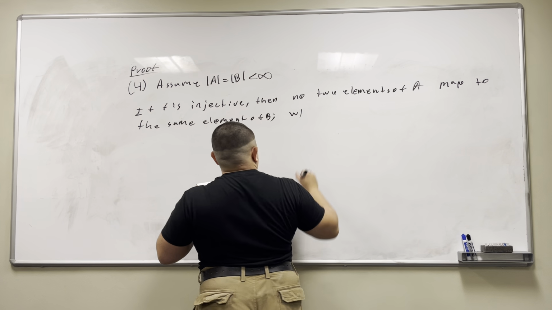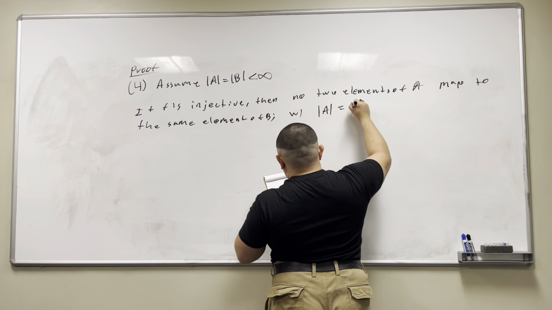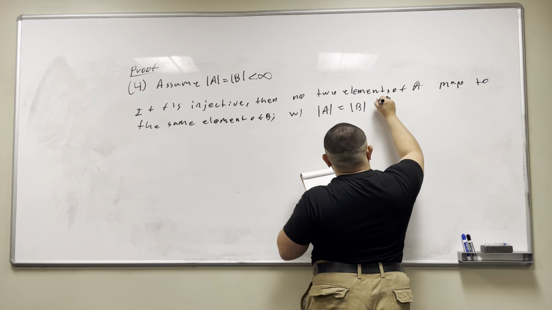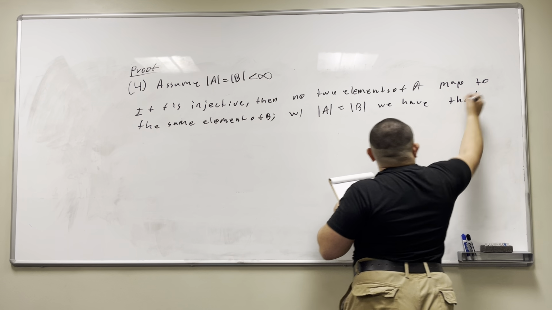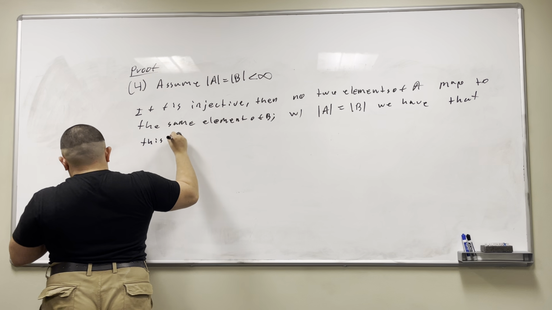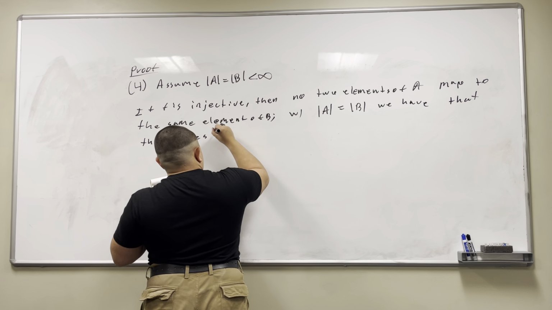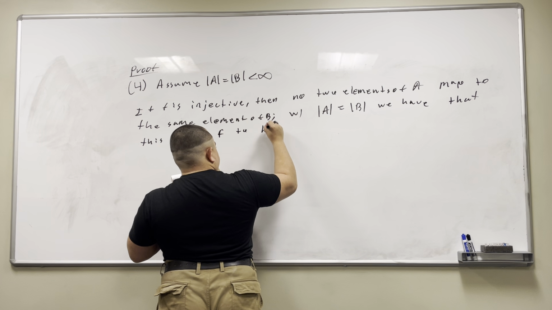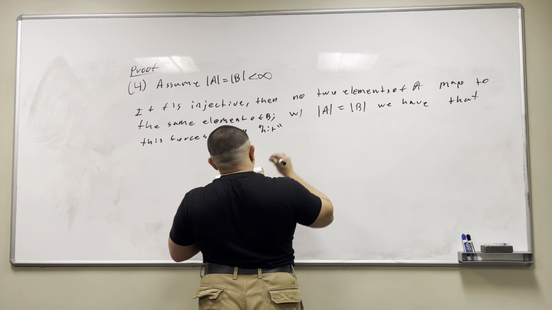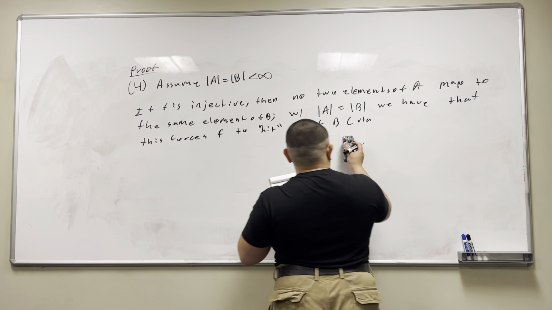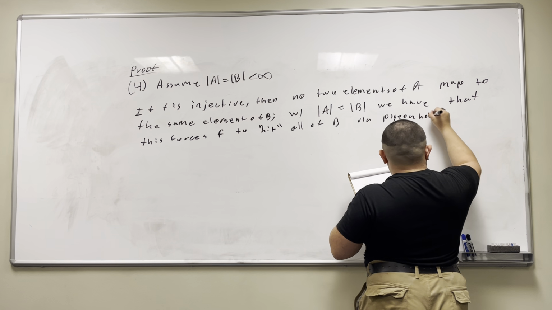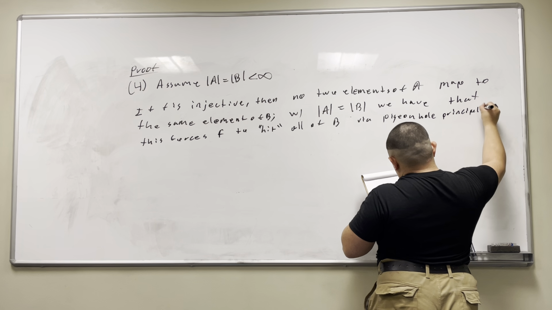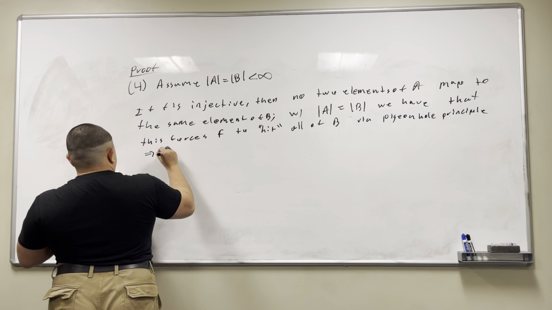With the cardinality of A equaling the cardinality of B, we have that this forces f to hit all of B via the pigeonhole principle, which we'll get into a moment here. So we then have that f is surjective.